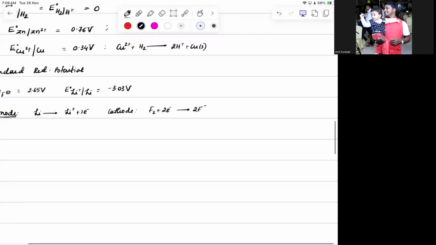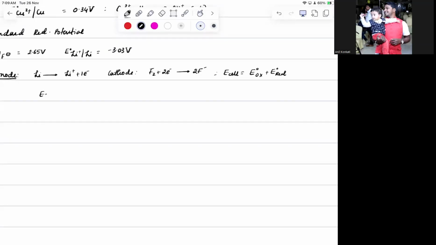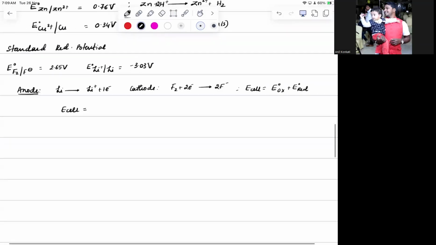This is the best possible theoretical cell you can get. The E cell in this case will be equal to E naught of oxidation plus E naught of reduction. The oxidation value is 3.03, the reduction value is 2.65, which makes it 5.68 volts.